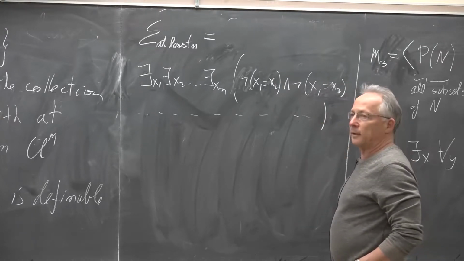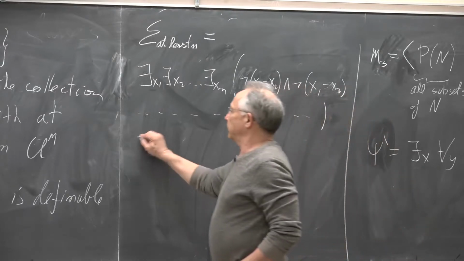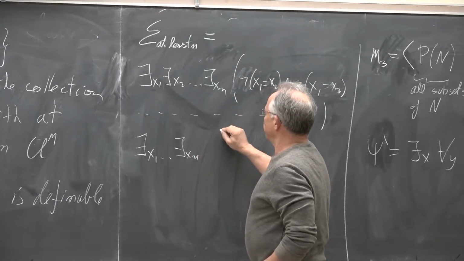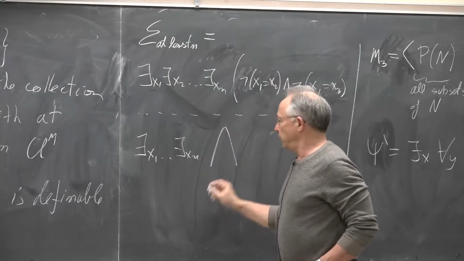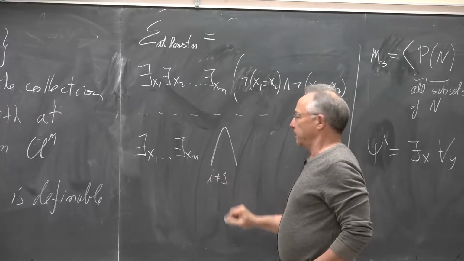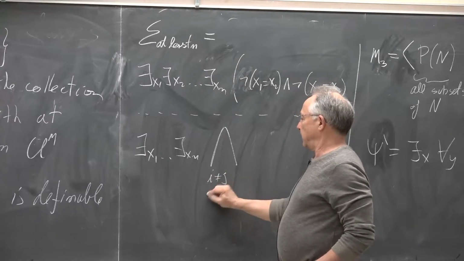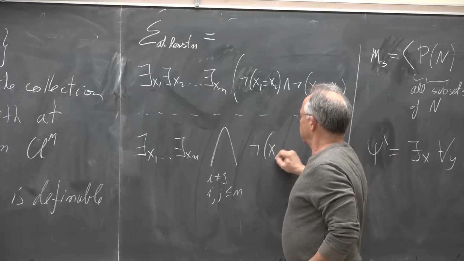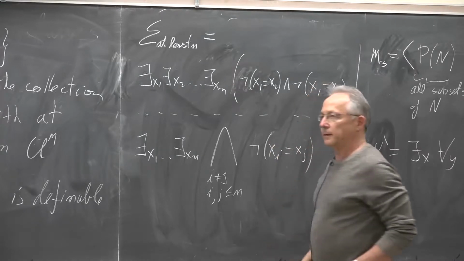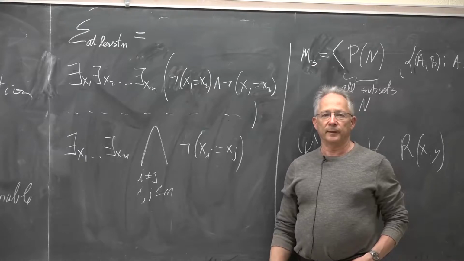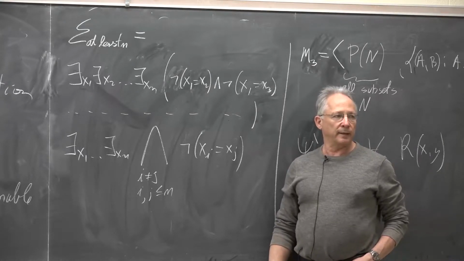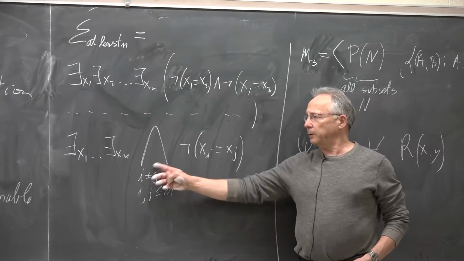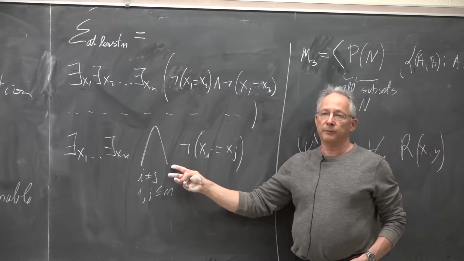Or more concisely, there exists x1 up to there exists xn, such that for all i not equal j, i, j at most n, not xi equals xj. So this is like a big conjunction. The main thing I want to emphasize is this has to be finite, because every formula in our language is finite.